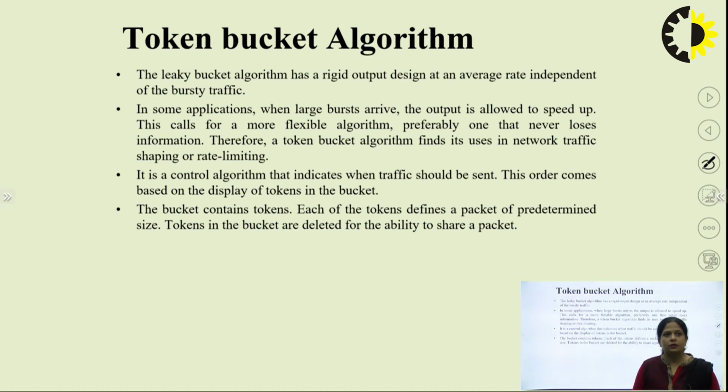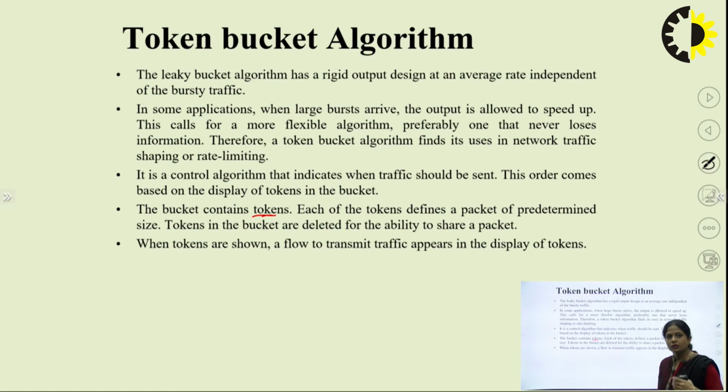In the token bucket algorithm, the bucket contains tokens. Each token defines a packet of predetermined size. The tokens in the bucket are deleted for the ability to send a packet.